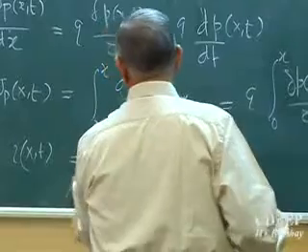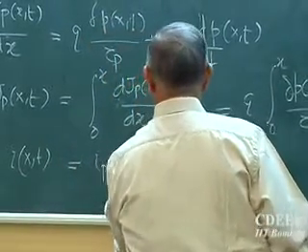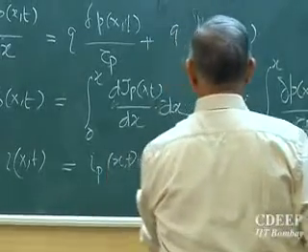Or you may say if it is I, then it is Ip(x) minus Ip(0), P of course built in.